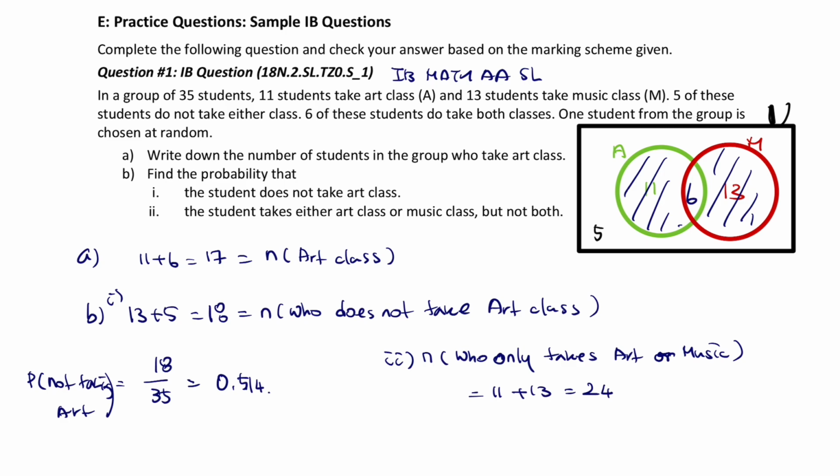And since we need to calculate the probability, we have to do 24 divided by the total number in the sample, which is 35. So we get 24 out of 35 as our probability, or using the GDC, we can also write this answer as 0.686.